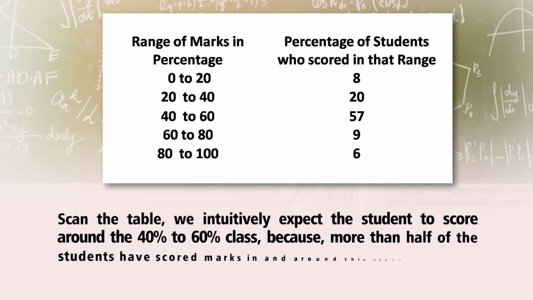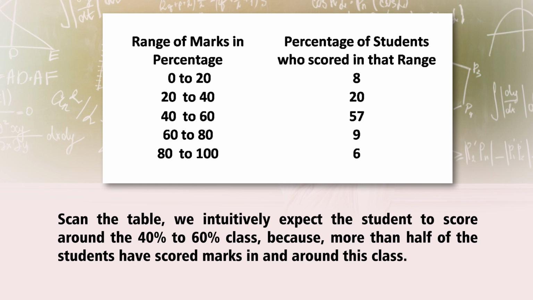If a student is picked up randomly from the set of students under consideration, what is the percentage of marks expected of such a student? So, the marks distribution is given, where the range of marks in percentage is defined and the number of students, or the percentage of students, who scored in that range.